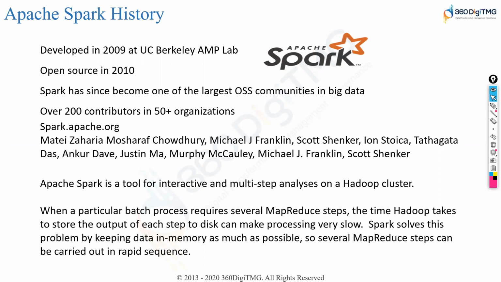Now, Apache Spark, from the definition perspective, is an interactive multi-step analysis tool. It's a tool which allows you to be interactive, and you will also have multi-step analysis. Now, when you try to execute any task in the MapReduce framework, multiple map jobs get triggered.